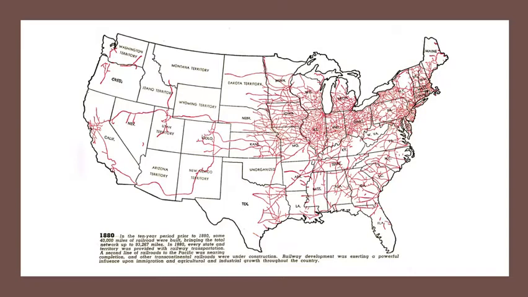A consistently growing population moving further and further west formed an ever-expanding market that could sustain the mass production, mass distribution, and mass marketing of goods that were the hallmarks of a modern industrial economy.